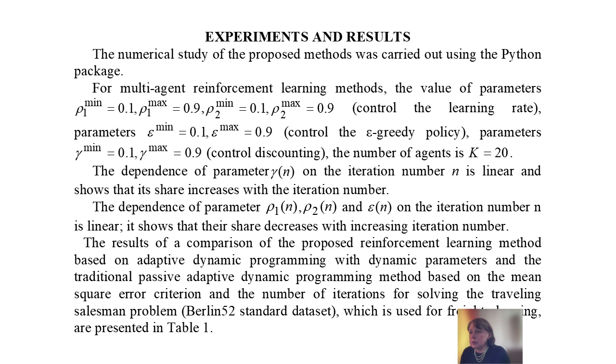The results of comparison of the proposed reinforcement learning method based on adaptive dynamic programming with dynamic parameters and the traditional passive adaptive dynamic programming method, based on the mean square error criterion and the number of iterations for solving the traveling salesman problem on the Berlin52 standard dataset, which is used for freight planning, are presented in Table 1 on the next slide.